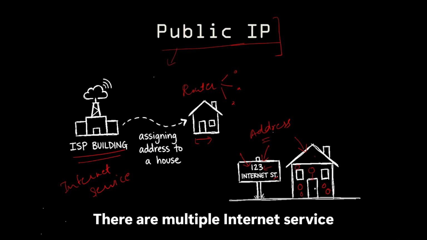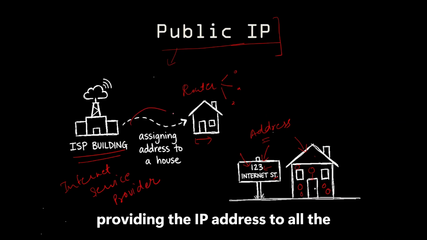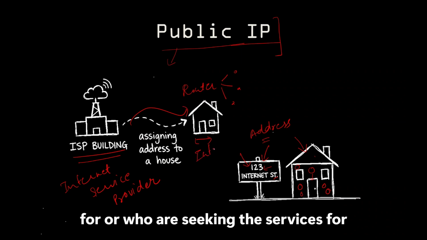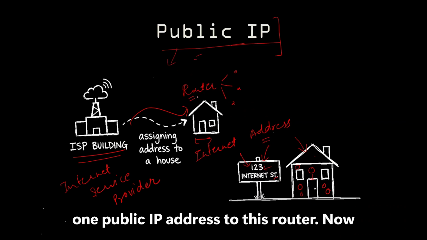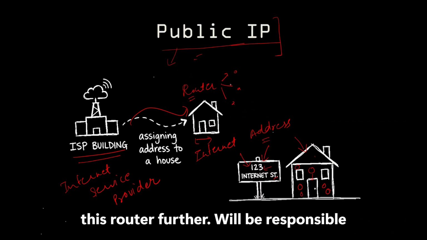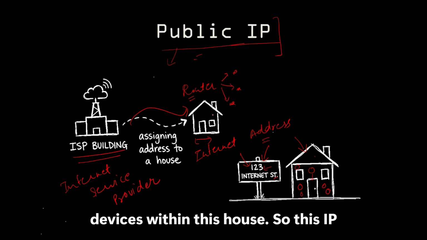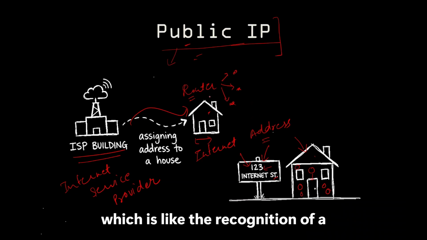There are multiple internet service providers available, and they provide an IP address to all the households seeking internet services. So they'll provide one public IP address to this router, and this router further is responsible for assigning the IP addresses to all the devices within this house. This IP address is called a public IP address, which is like the recognition of a particular house on the internet.